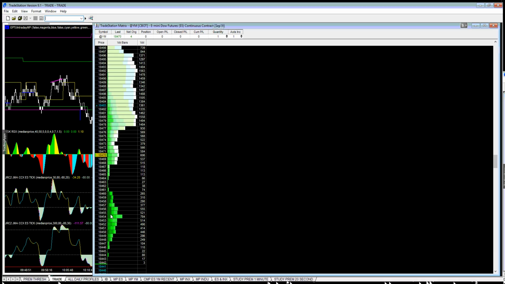But if it does manage to get through this, obviously 454 is a target. But I think given what we've seen here, we'll probably get some support as it drops right into this area and goes no further and then bounces back up.